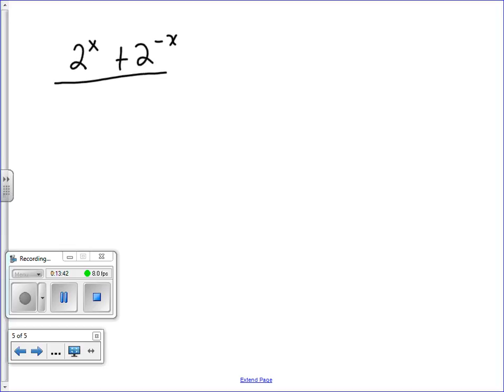I'm just doing one that's almost exactly like it. Same process, but different numbers. Okay, first it's at 2 out of the bottom. So you're going to have 2 to the x plus 2 to the negative x equals 6.